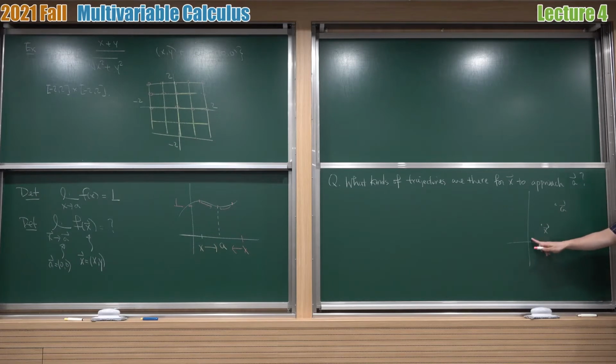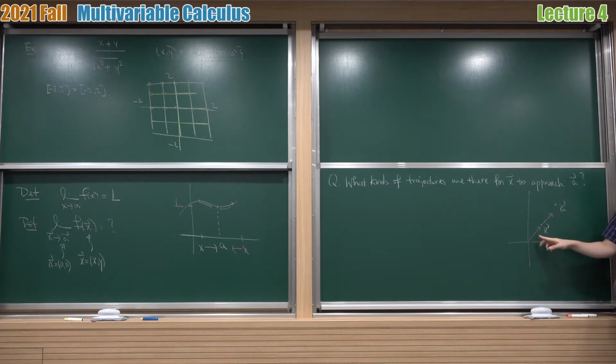Double the x vector, I mean, double the length from the origin to x. And then? How can you approach this x vector to the a vector? So a is a constant vector.